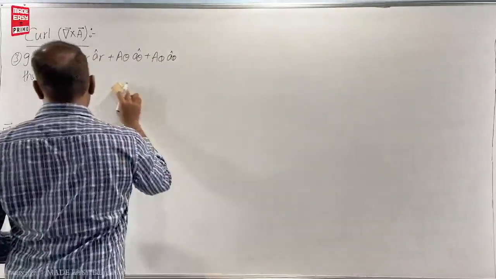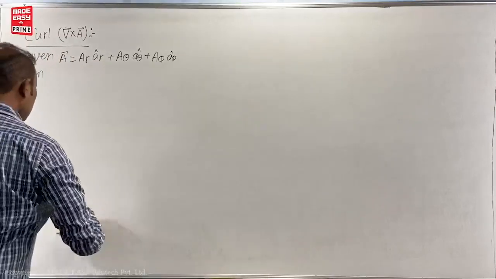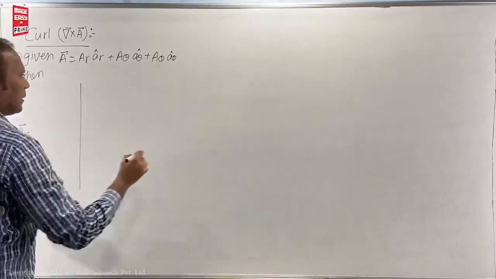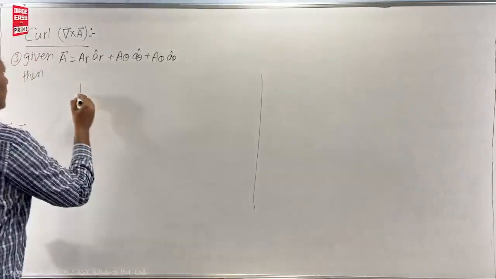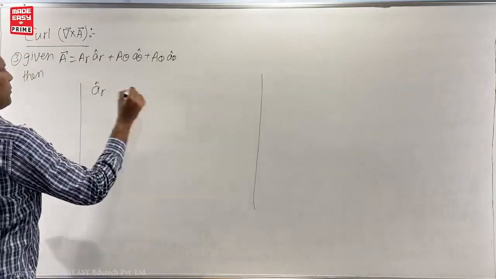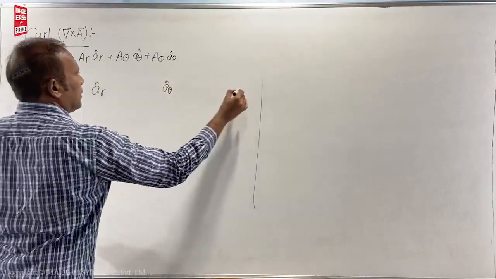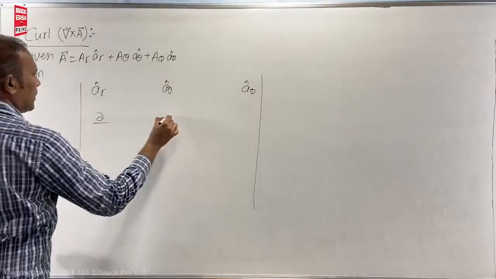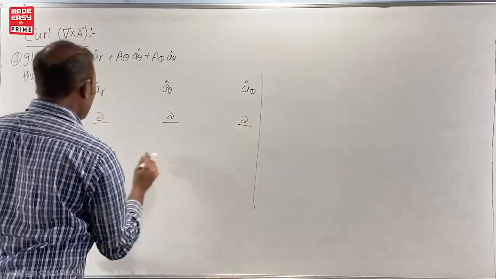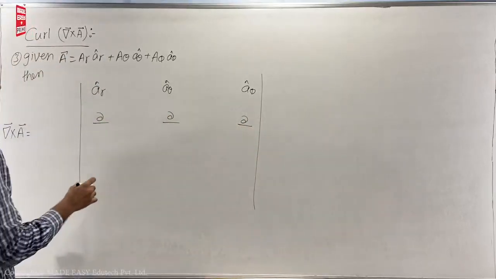So here let us take this determinant. In the first row you have to write unit vectors, that is A R cap, A theta cap, A phi cap. Then in the second row you write dou by dou R, dou by dou theta, dou by dou phi. In the bottom side you have to write differential lengths.